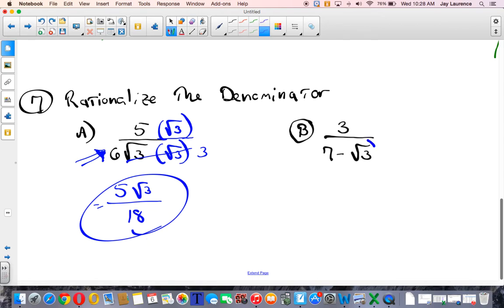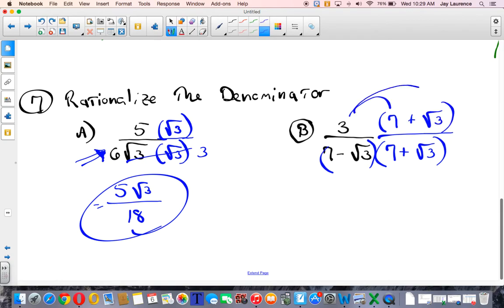All right, number 7, I'm going to use that difference of perfect squares idea, and I'm going to multiply by this. So in the numerator, I have to distribute, and so I'll get 21 plus 3 rad 3. The denominator is going to double distribute and look like a difference of perfect squares problem.